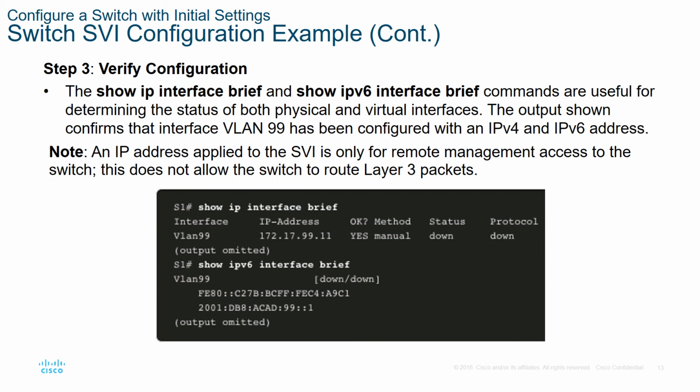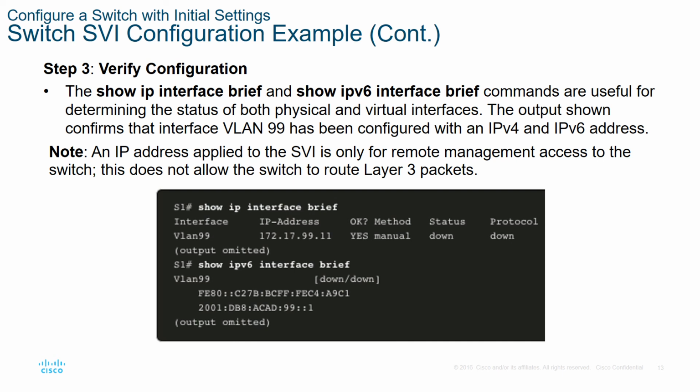So now, after configuring the IP address for the interface, we have to verify whether the IP addresses are assigned properly or not. If you want to verify the IPv4 addressing, you have to use the command show ip interface brief. If you execute the command, it will give the information about the interface, IP address, OK, method, status, and protocol.